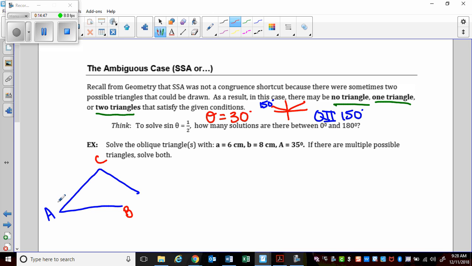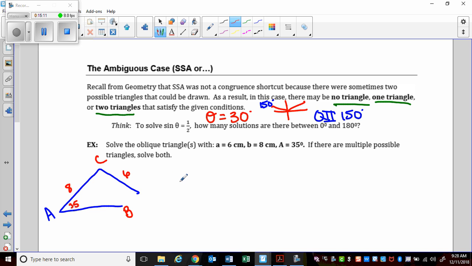It says A is 35 degrees. Lowercase a, side a, is 6. b is 8 centimeters, and that's it.